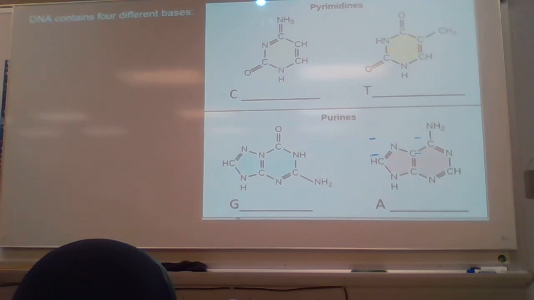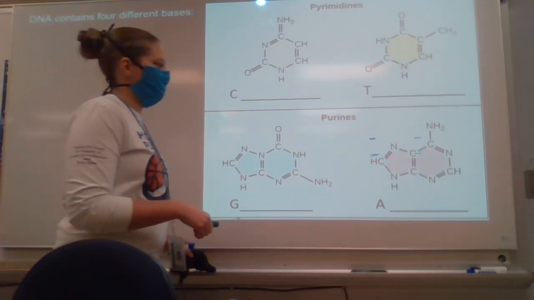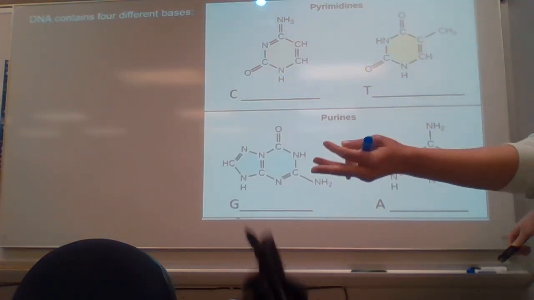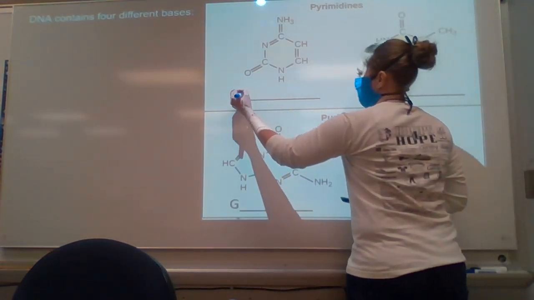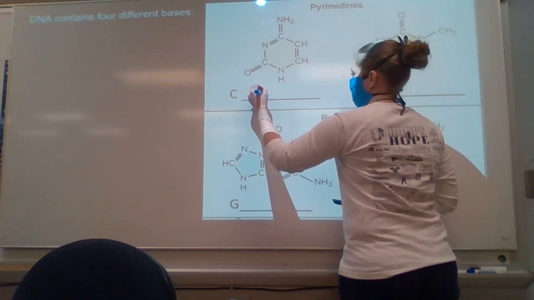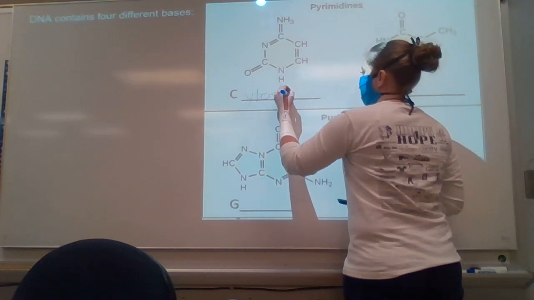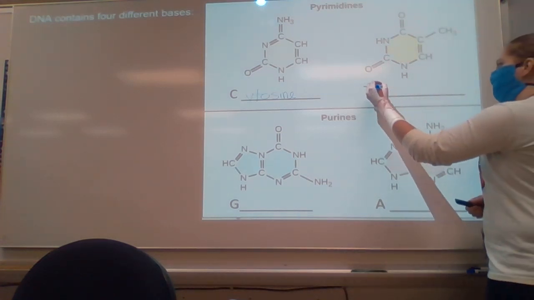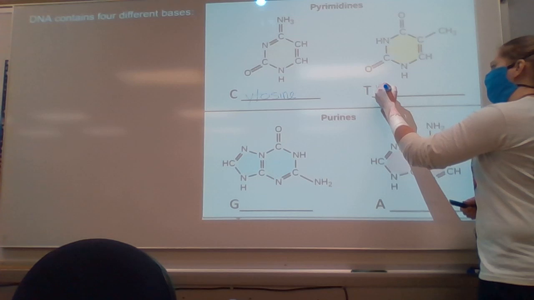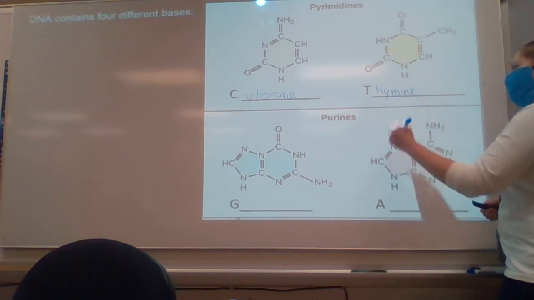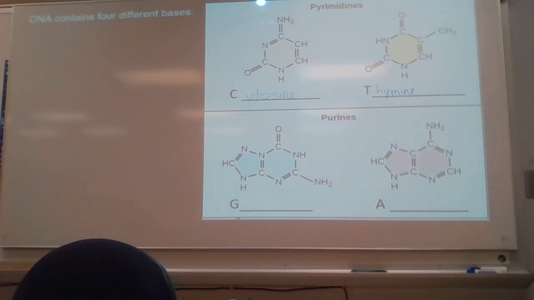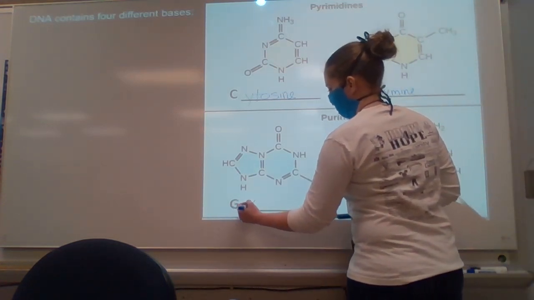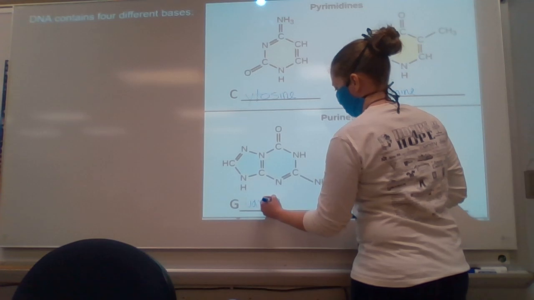There are actually four different bases, so those letters probably look familiar. The C stands for cytosine. The T stands for thymine. The G stands for guanine.